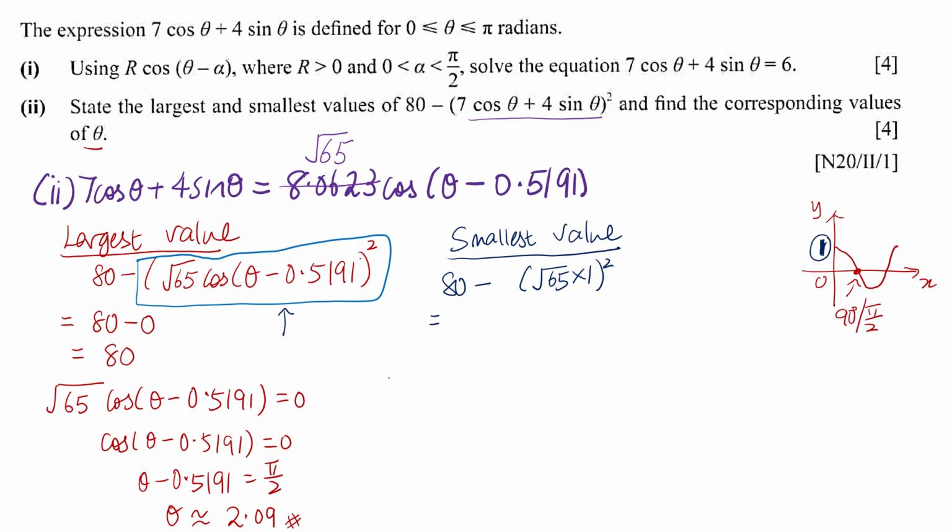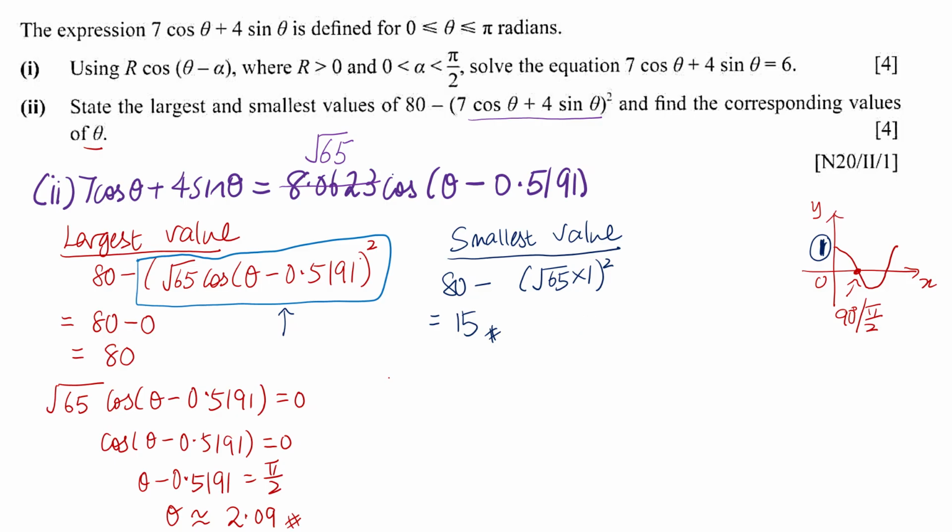And that gives me exactly 15. So if you leave your answer as 8.0623, what happened is you will get 14.9999, and then your answer will have to be 15.0. You would have to put a 0.0 there because what you get is not exact, right? So your answer is not 15 but 15.0.